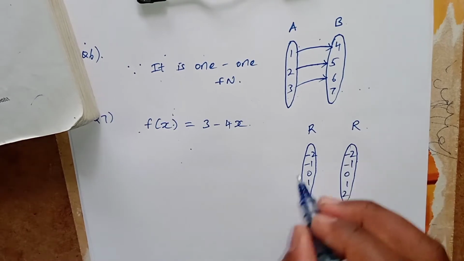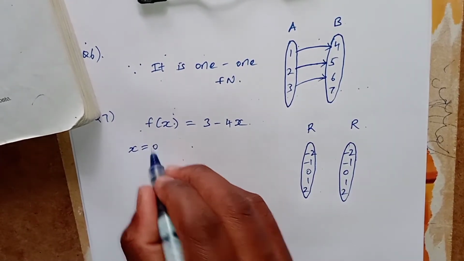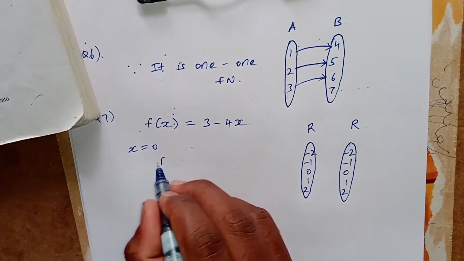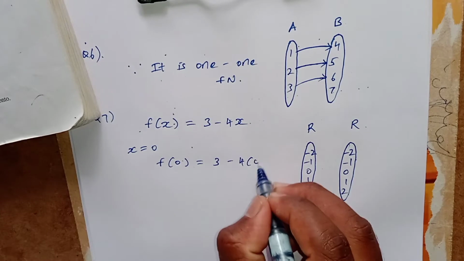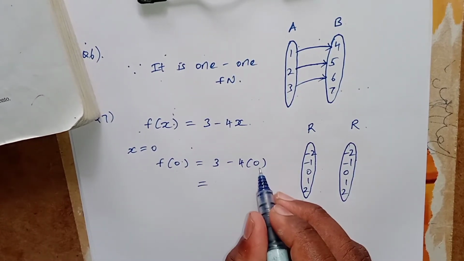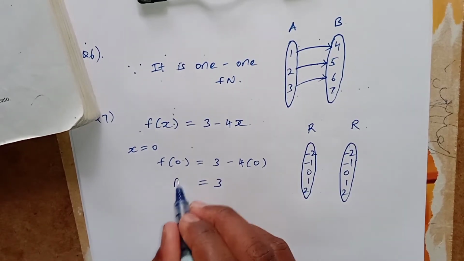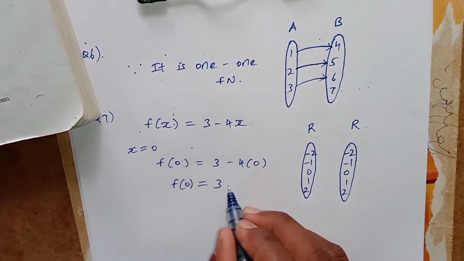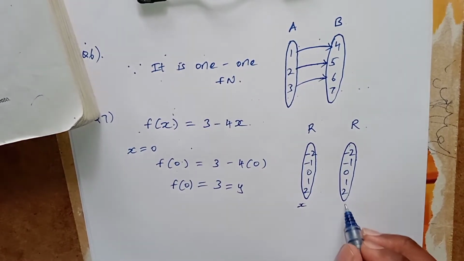If I take x equal to 0, here 3 minus 4 into 0, 4 into 0 is 0. Therefore, f of 0 equal to 3, which is nothing but y. Here it is small x, here y.